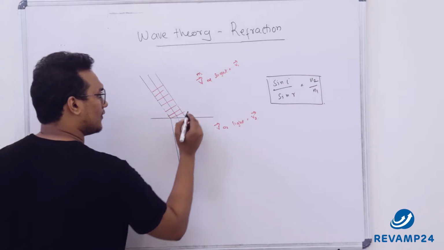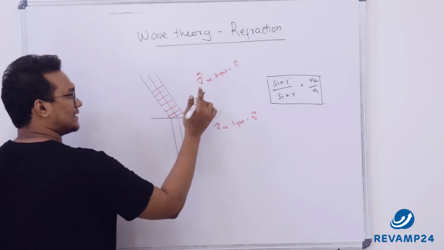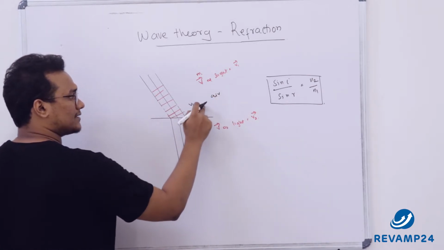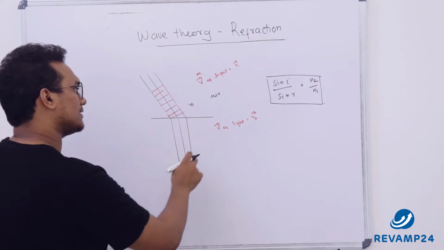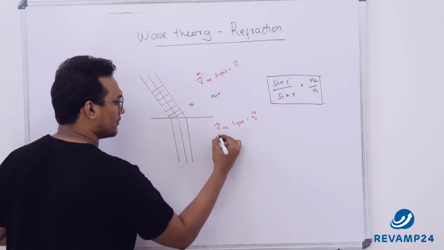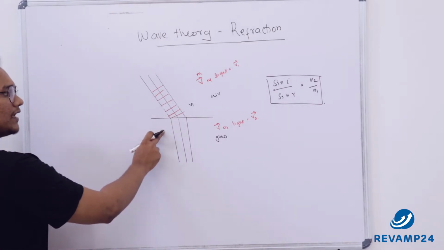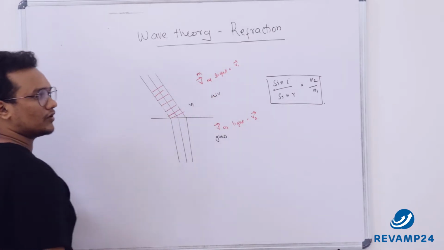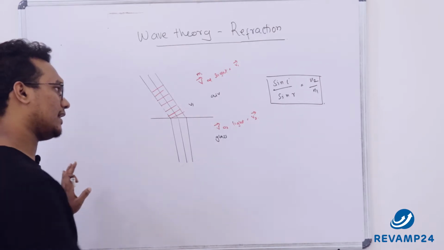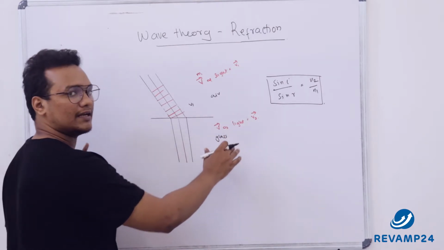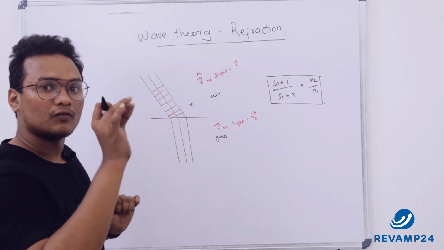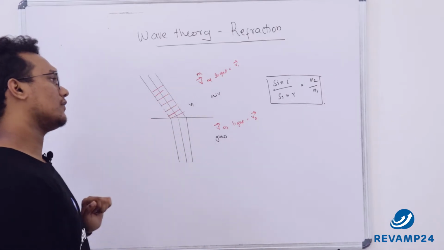So if the velocity here is V1 and let's say this is air, a rarer medium, and this is a denser medium, for example glass, then in glass the velocity of light won't be the same as in air. As glass is a denser medium, the velocity of light would be less than the velocity in air.